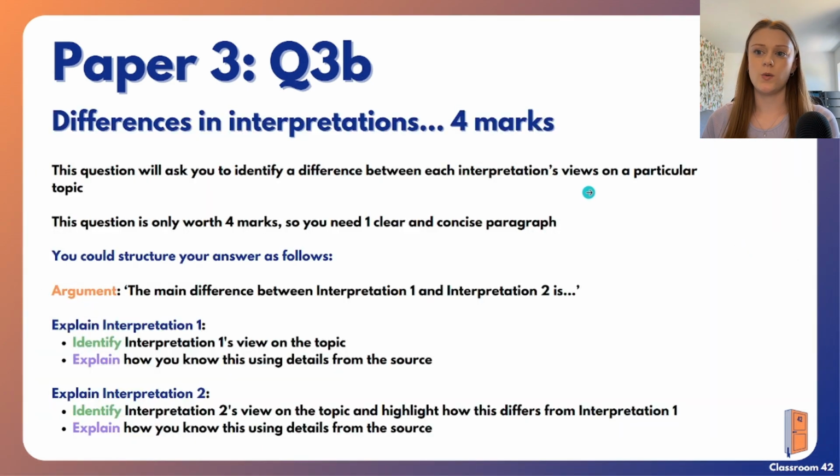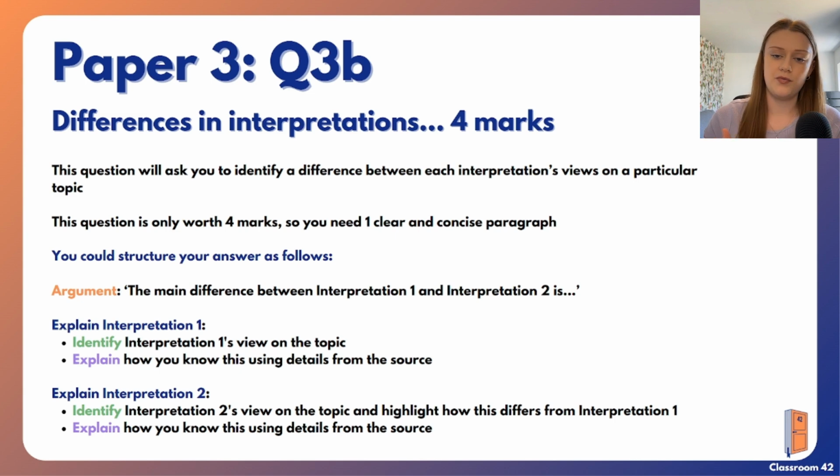Okay, so for our next question, which is question 3B, we are looking at our interpretations. So within this paper, you get your standalone source for question 1, you get your 2 sources for question 3, and within question 3, you always also get your 2 interpretations. So your sources will always be something from someone who has perhaps experienced the event themselves, or it was published near to when the event actually happened.